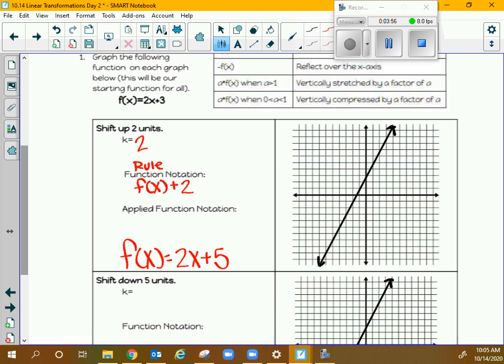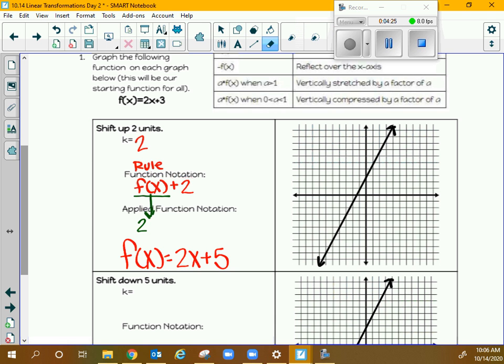This rule can be applied to any function. f of x is just whatever function you're dealing with. If I gave every single person in this room a different function, you could all apply the same rule. So this is how it's applied. What is my original function? 2x plus 3.